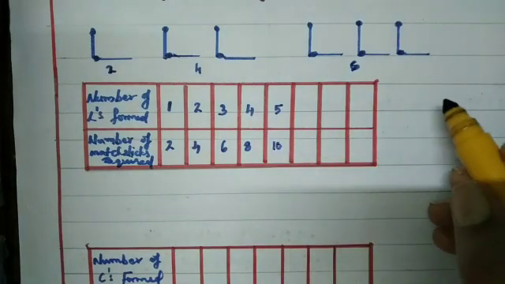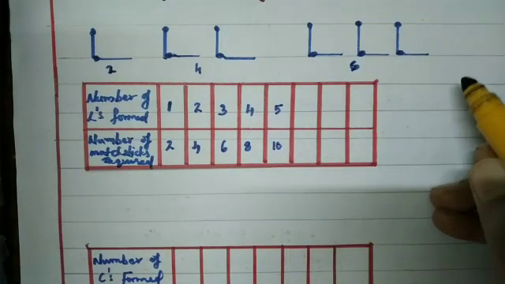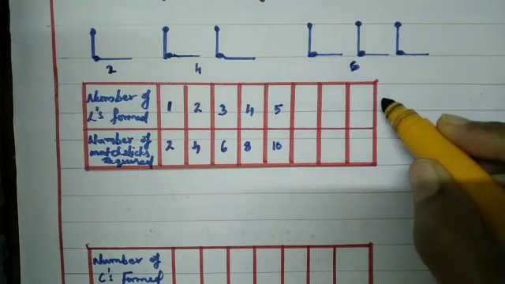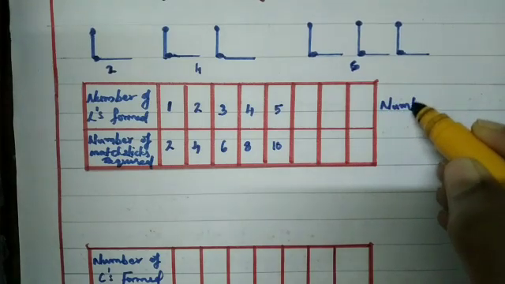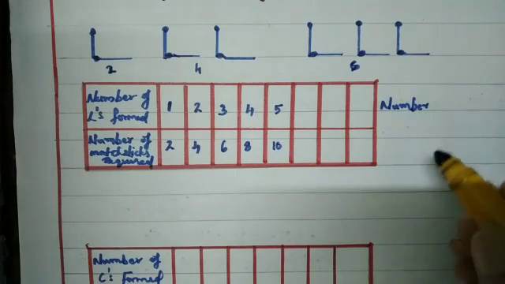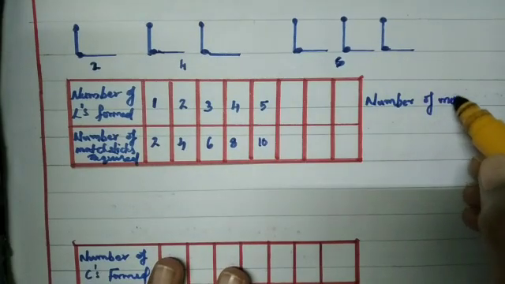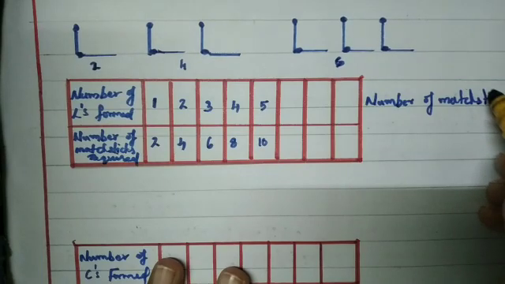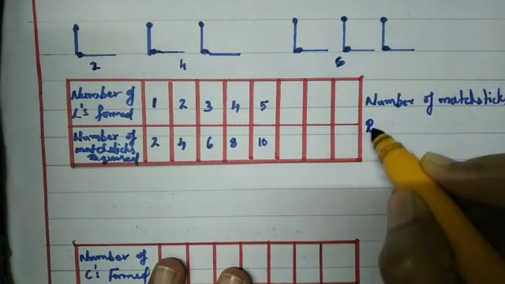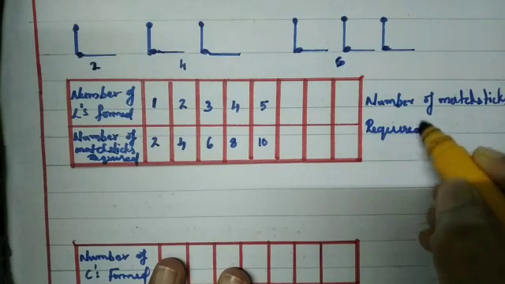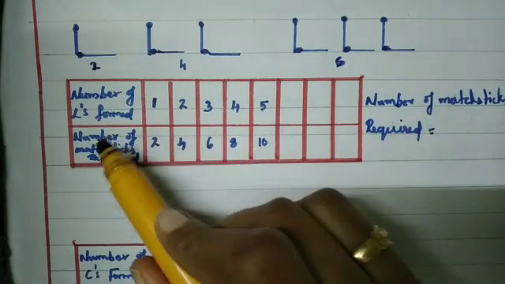So how do you write it generally in algebra, using a variable? Number of matchsticks required equals... the number of L's is changing.